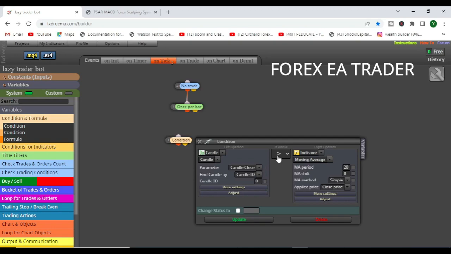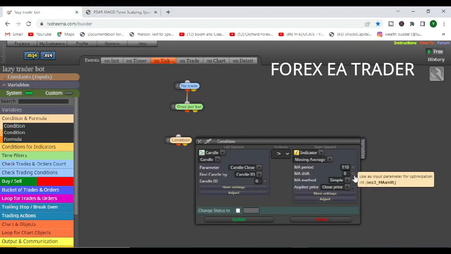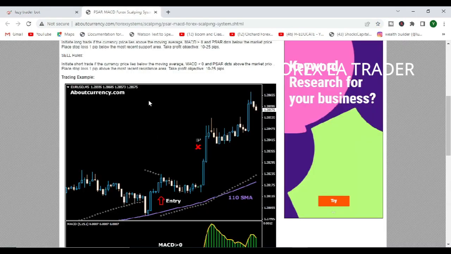The candles that we are looking at for the signal are going to be above moving average 110, and it's simple moving average as it puts it here, and we just tick that so that we can change that also in MetaTrader 4 without coming back to FXDREEMA. Then we just update and we just link that. So that's basically the first condition.